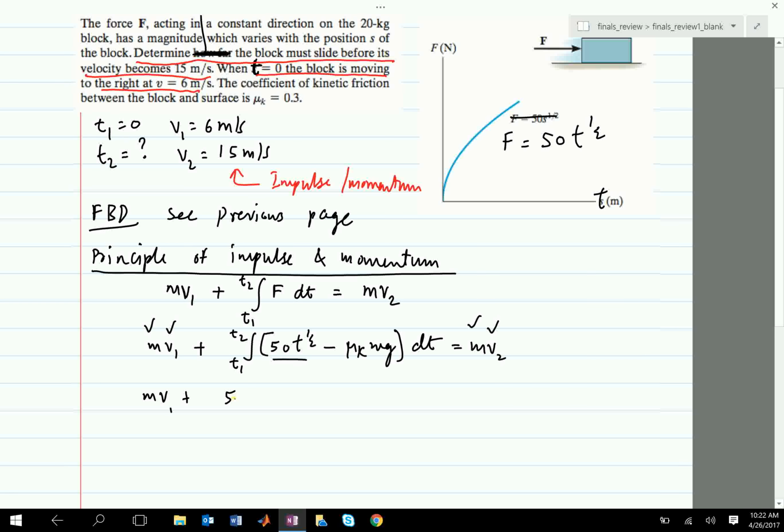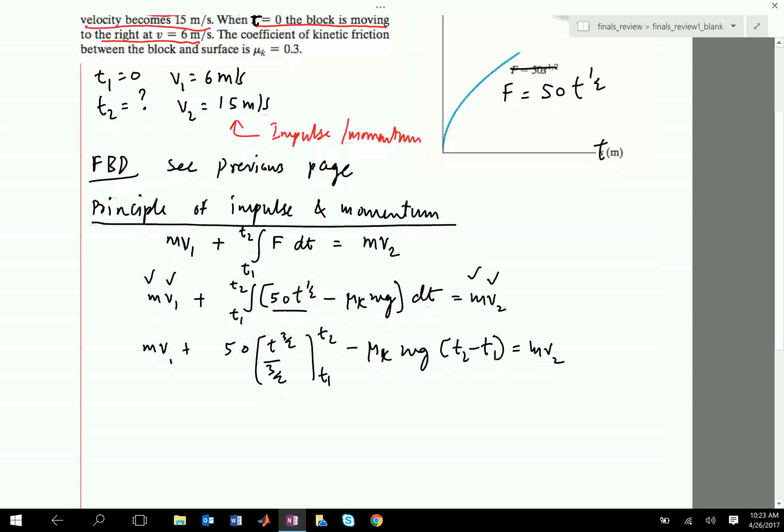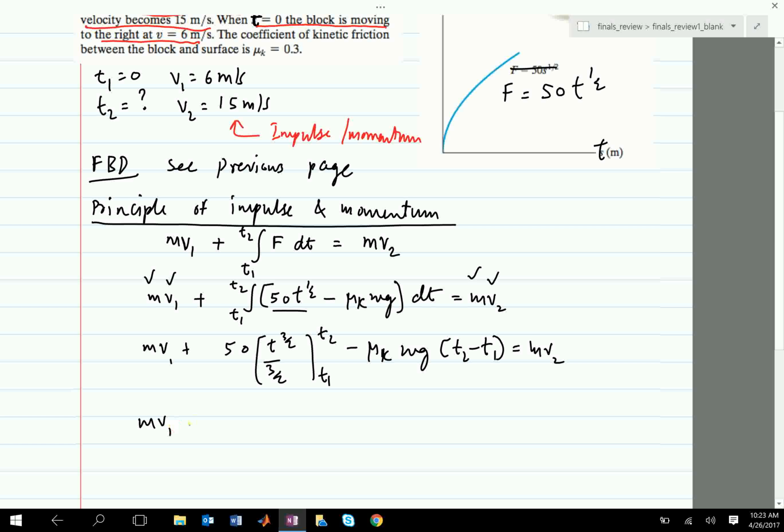This comes out to be 50 t raised to 3 by 2, evaluated from t1 to t2, minus mu k mg (t2 minus t1), equals mv2. So we get mv1 plus 100 divided by 3 t2 to the 3 by 2, since t1 is 0, minus mu k mg t2.